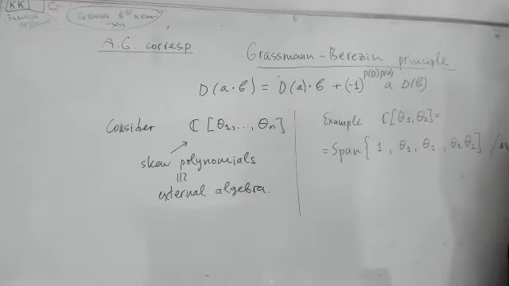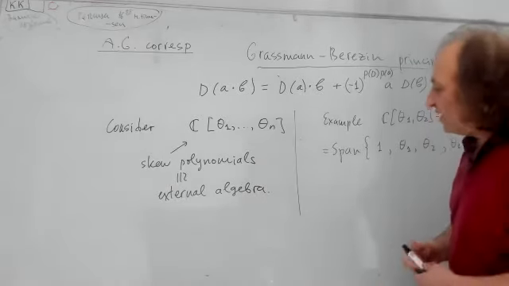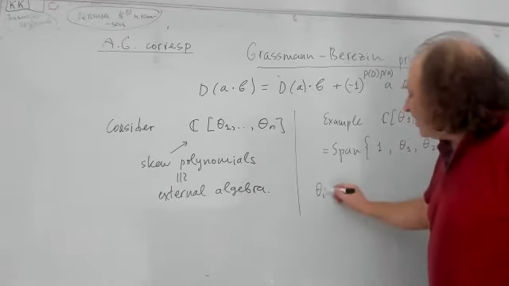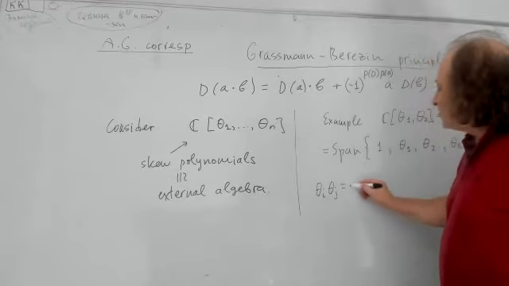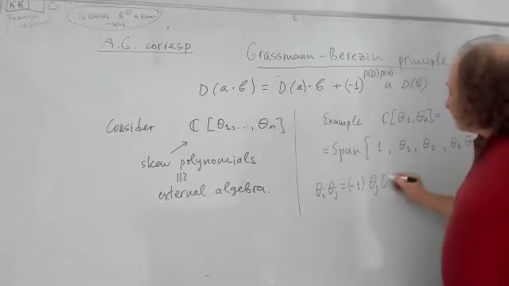And I assume here that theta i theta j equals minus theta j theta i.